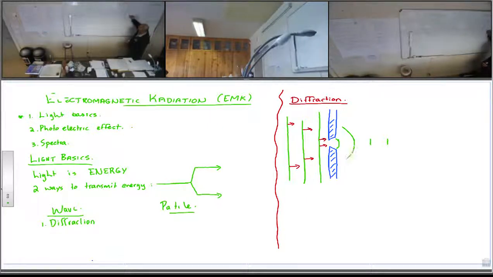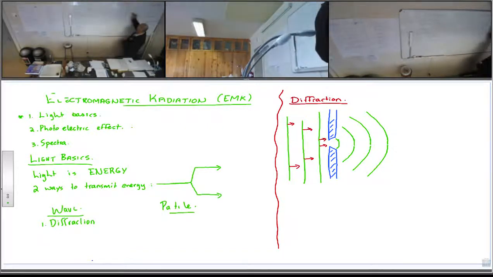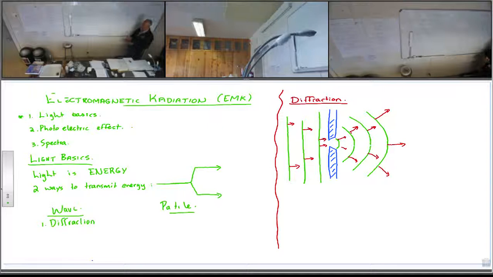And you get a wave going through that more than just that little section. That type of thing happens. All right, so your wave starts bending outwards.